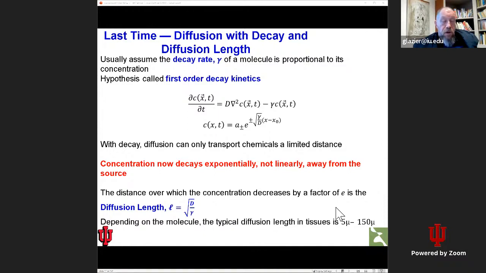There are some arguments for why that's usually not a bad approximation, and I can refer you to Wikipedia, and you can look up radioactive decay or first-order decay kinetics, and you'd find an explanation. If the destruction of the molecules is independent of each other, you expect that, because it gives you exponential distributions.